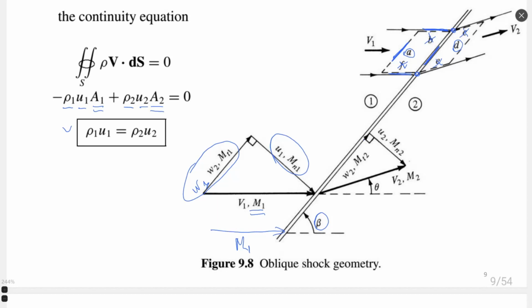If we have, for example, an originally inclined Mach number M1 like this, beta will be calculated according to this relation. So, for example, the shock wave is going like this, and beta would be defined in such a way. It always has a reference to the Mach number before the shock wave.